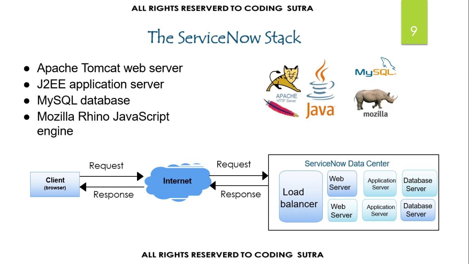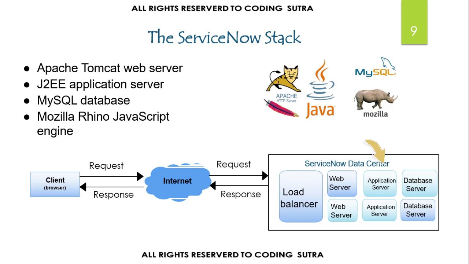This is the basic pictorial representation of client-server architecture in ServiceNow. Firstly, the client requests something in the browser. With the help of the internet, it reaches the ServiceNow data center. Now, the load balancer will analyze the request and find which web server can fulfill it. The web server processes the data, then the request is forwarded to the application server.